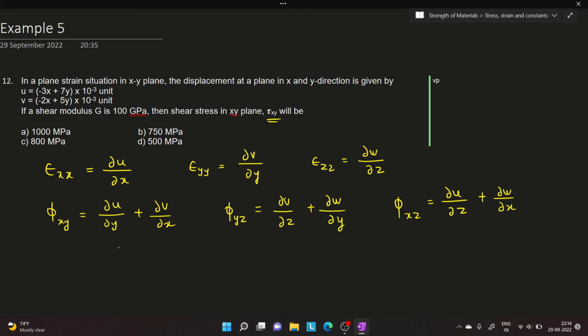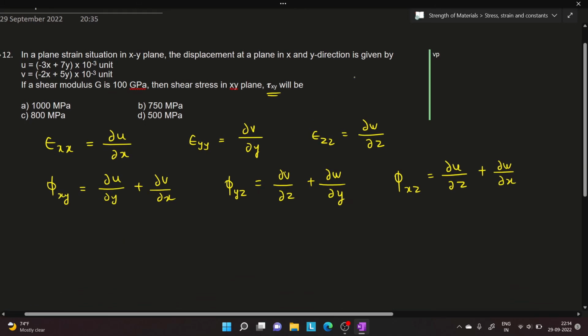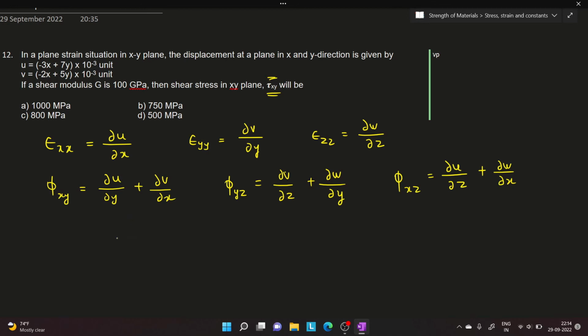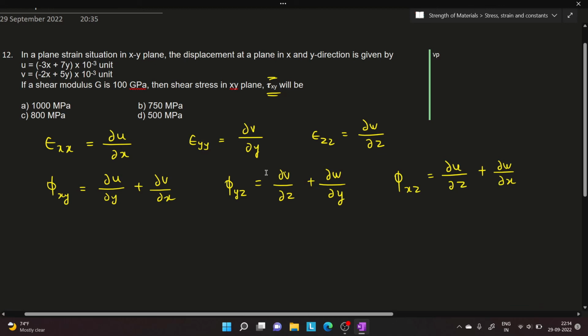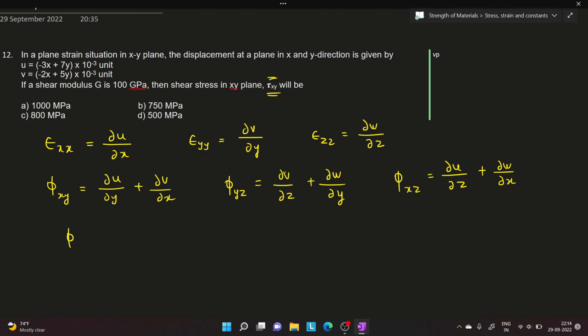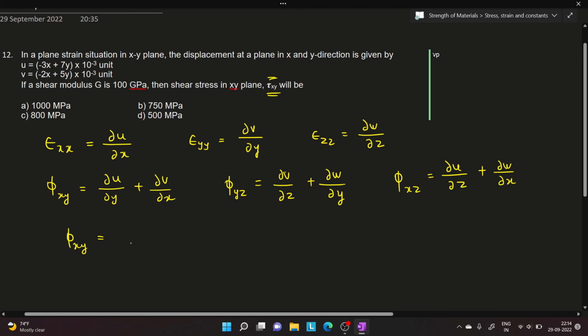Okay, so applying these formulas here, we only want the xy plane, so I'm going to only use these things. Right, so here in the xy plane, the total shear strain in one particular plane, that is phi xy, is going to be del u by del y plus del v by del x. I'll just apply the u and v here.